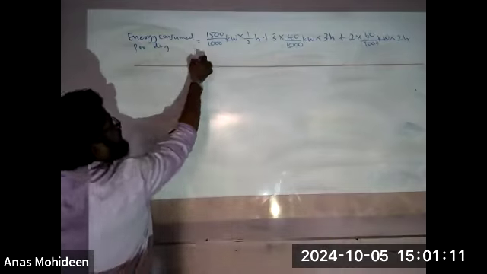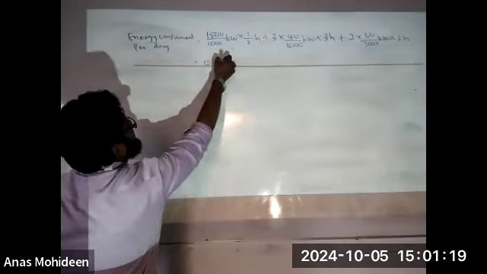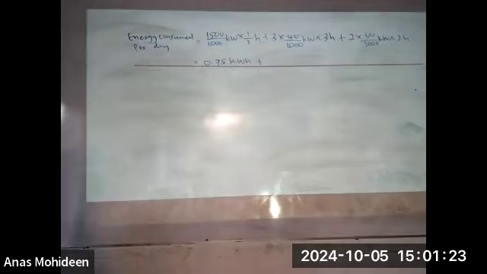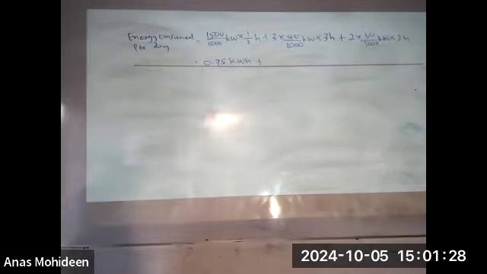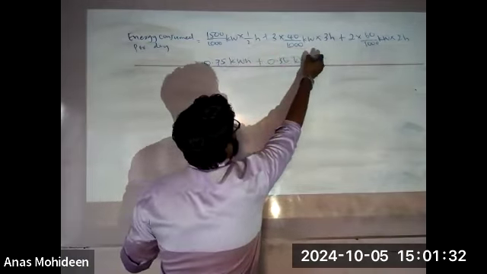Now we calculate it. 1500 over 1000 means 1.5. 1.5 into half, 0.75 kilowatt hours. Plus 3 into 40, 120, 120 divided by 1000, 0.12 into 3, 0.36 kilowatt hours.